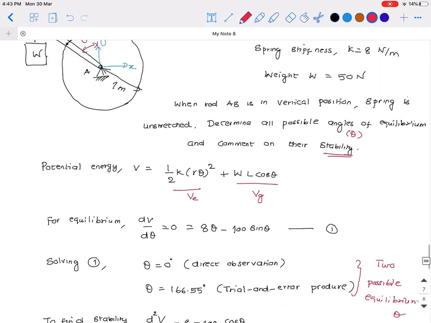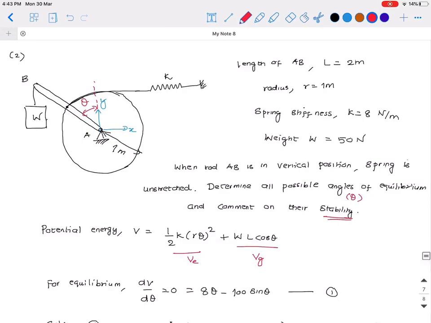So to solve any mechanics problem using the principle of minimum potential energy, we need to introduce a small deformation in the system. Then we write potential energy for the deformed configuration.